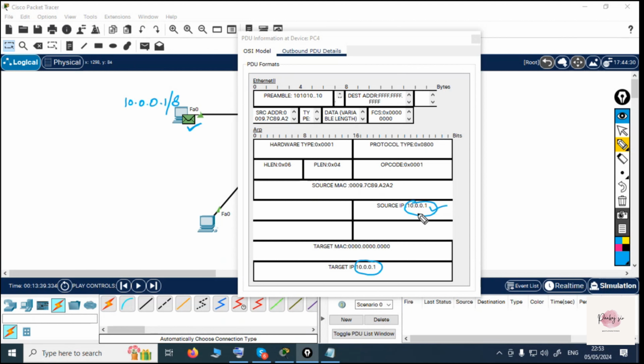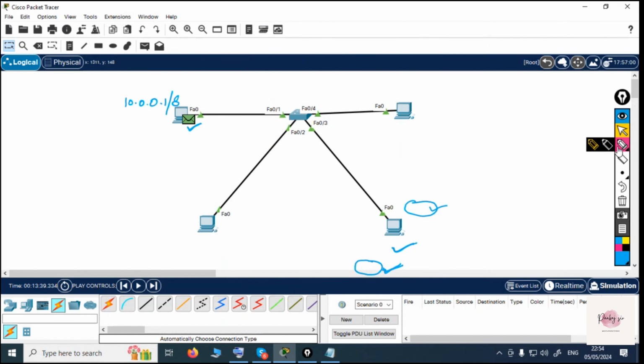See, the source is 10.0.0.1. Who is asking for the MAC address? And for which IP address is it asking the MAC address? It is asking for the MAC address of 10.0.0.1. It knows that someone has supplied 10.0.0.1 as my IP address.